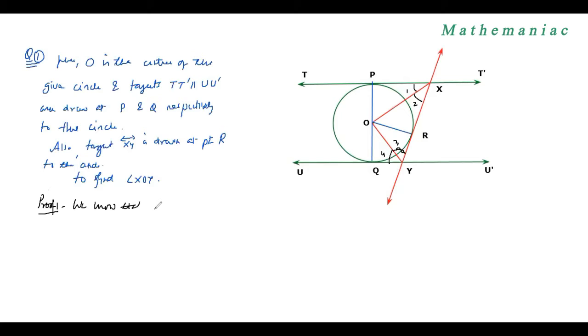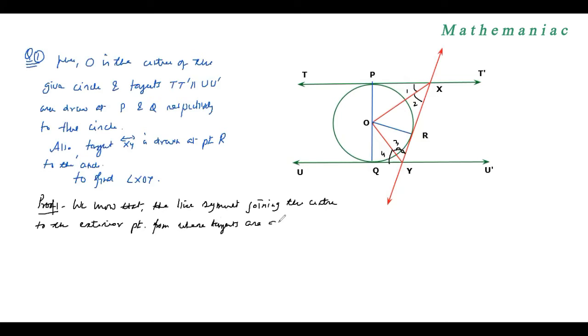We know that the line segment joining the center to the exterior point from where tangents are drawn to the circle bisects the angle between the tangents, right?